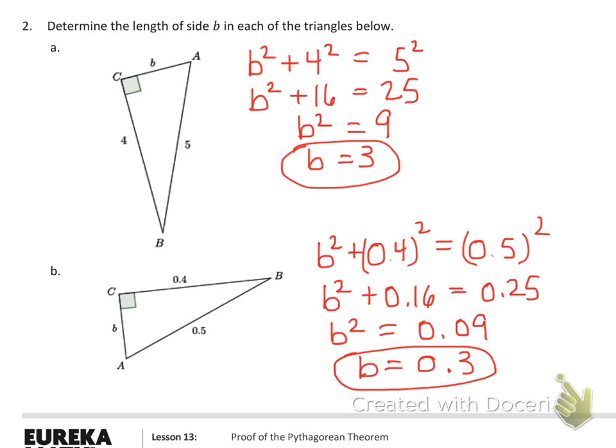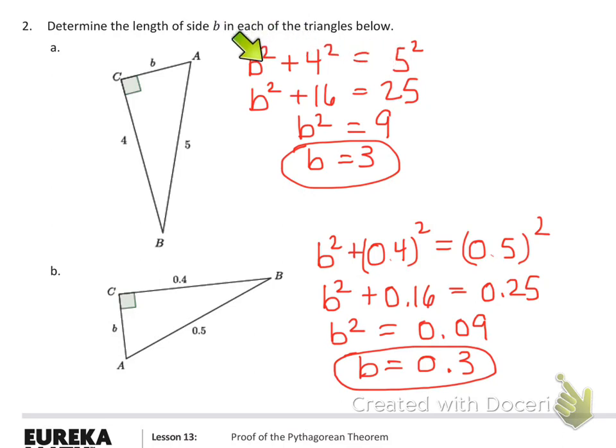Okay, here's the results for number 2. So in number 2, we notice that it's not the hypotenuse missing this time, it's one of the legs. So I can write the relationship b squared plus 4 squared is 5 squared. I could have switched these two terms around.